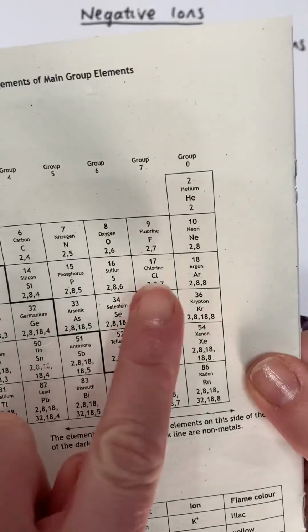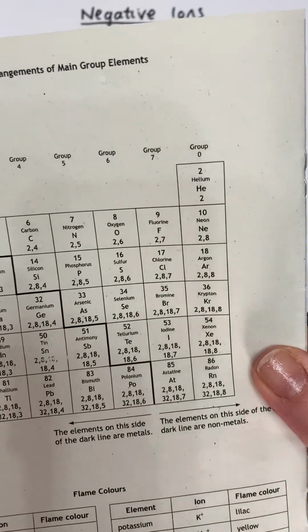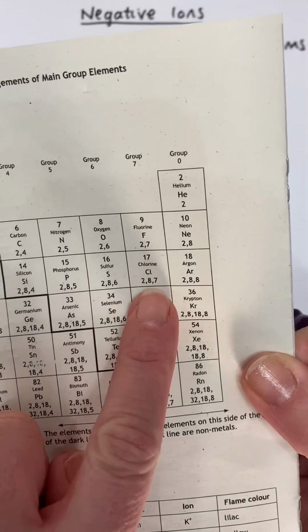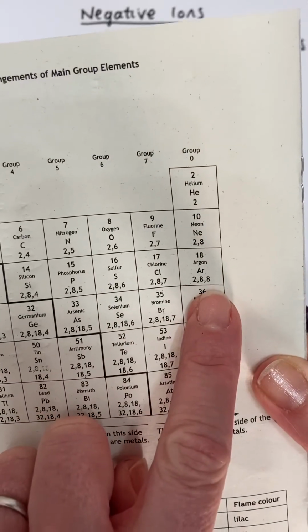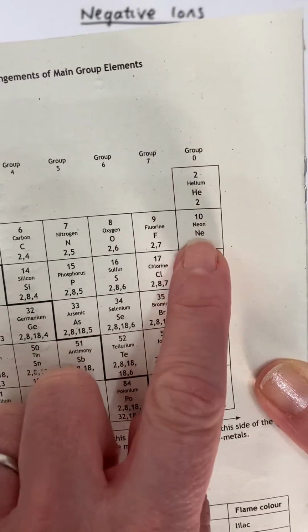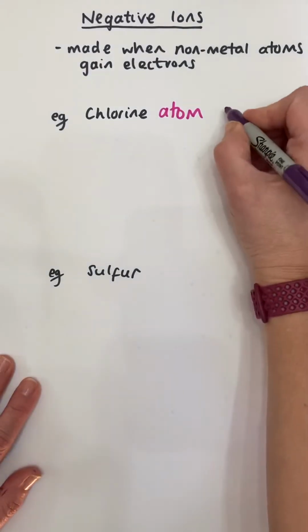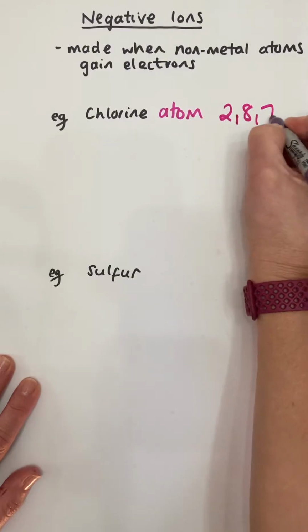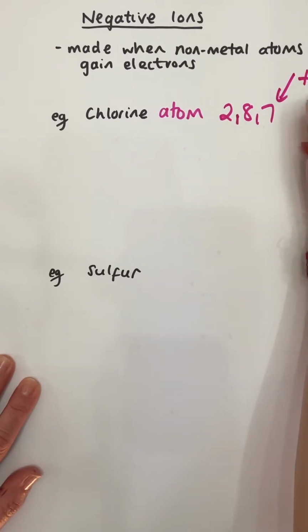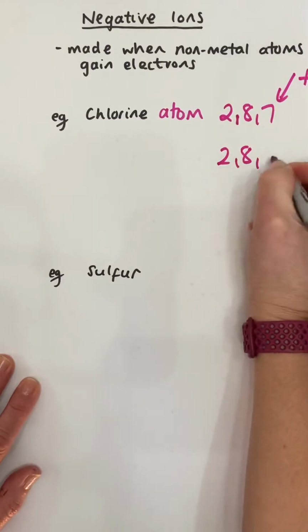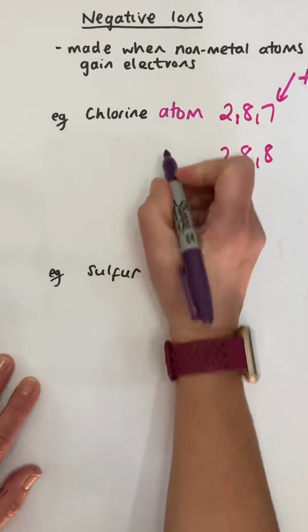So it's element number 17, 2, 8, 7. Now for it to become stable, for it to become like a noble gas, it's easier for it to become like argon by gaining 1 electron than losing 7 to become like neon. So we gain 1 electron. So what happens is the chlorine is 2, 8, 7. To become stable, we want to add an electron in. That means I've now got my stable electron arrangement. Great, that's what I was looking for.